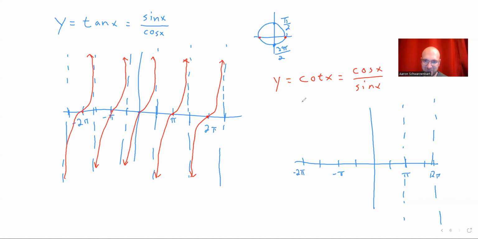Again, we're not doing any transformations, so you can kind of just memorize these graphs. But it's important to be able to develop and put the asymptotes in the right way.